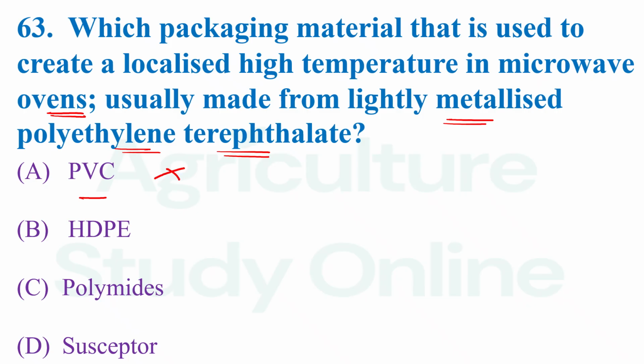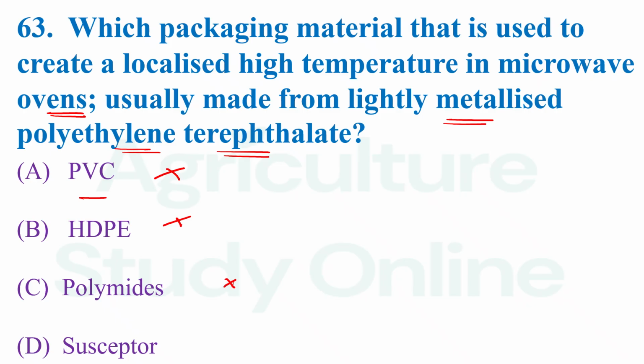Next, HDPE. HDPE, it is used in milk bottles, containers, in caps. So it has a good moisture barrier capacity, but it does not create any localized heating in the microwave. So this is also not correct. Next, polyamides. So polyamides, they are heat resistant engineering plastics, but it is used in high temperatures, industrial applications, not for microwave browning or localized heating.